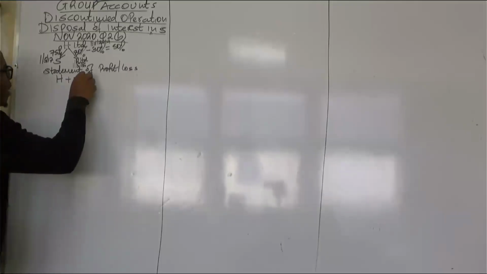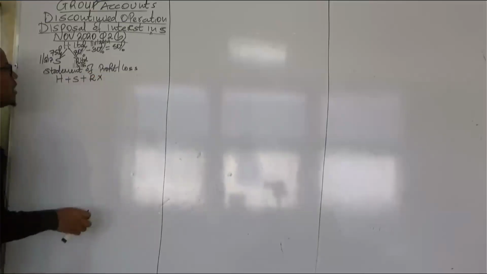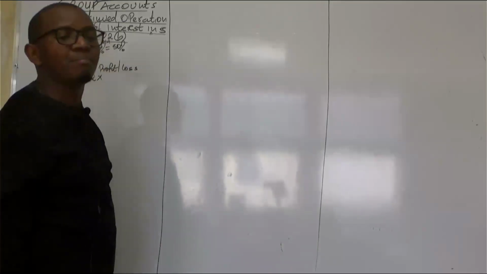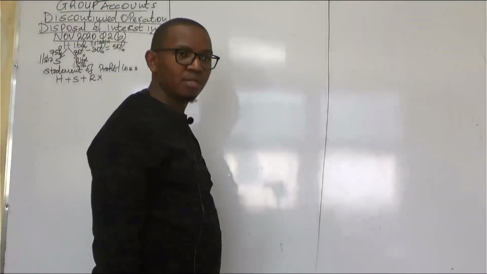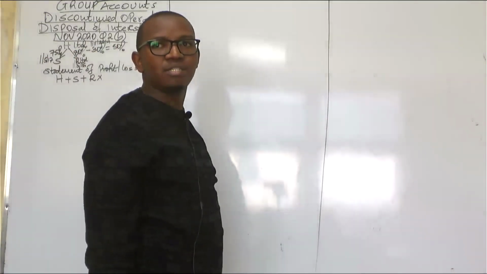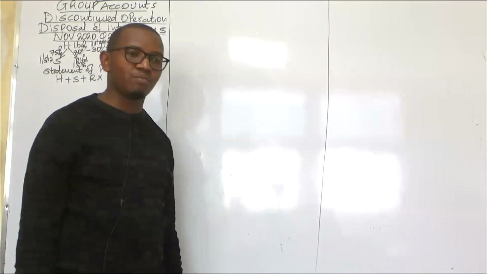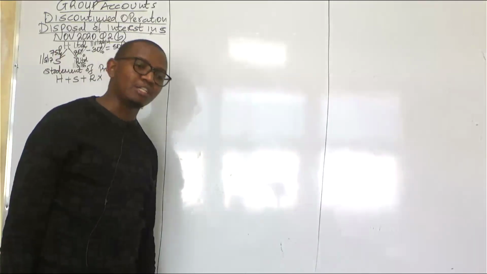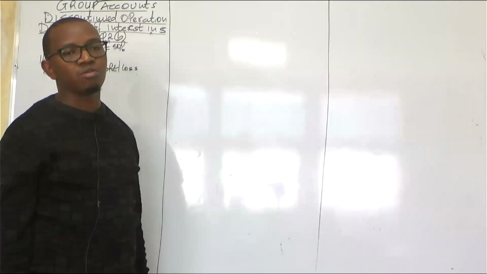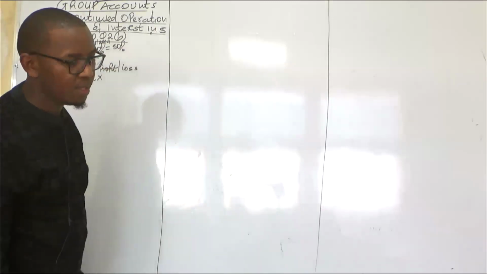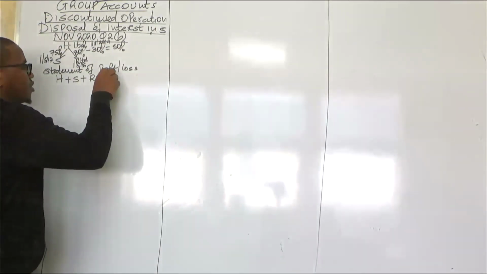But now R, I will consider the months that it existed as a subsidiary before disposal. So it had existed for how many months? That is from 1st of May 2019 to November. Those are how many months? It had existed for 6 months.